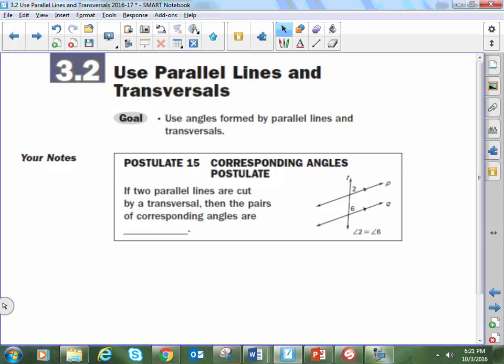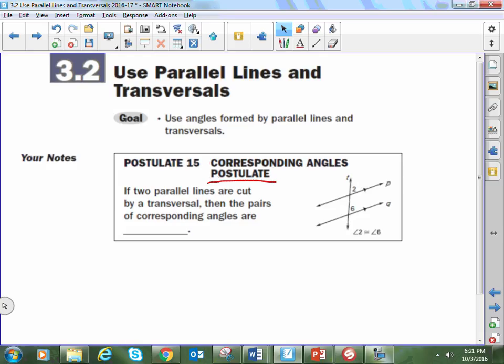Now here, the first thing that we're seeing is something known as the corresponding angles postulate. Now remember, a postulate is something you can accept to be true without having somebody explain why it's true. Personally, I'm not sure I would accept this one to be a postulate. I think somebody would have to explain this to me.